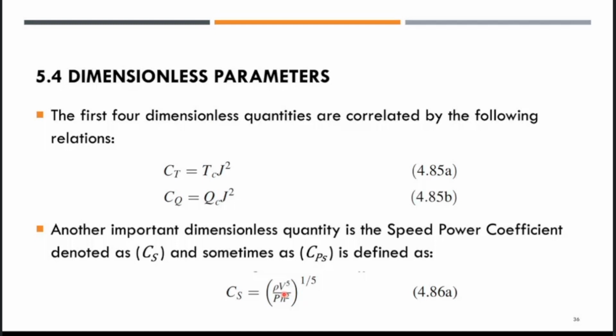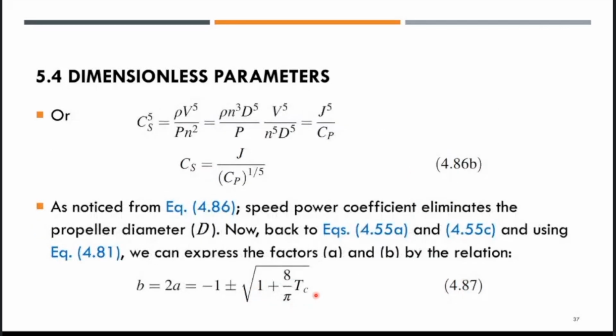So it can also be expressed in terms of the power, the speed, the density, and the n to the power of 2. Or it can also be rearranged in terms of J at the same time. As noticed from equation 4.86, the speed power coefficient eliminates the propeller diameter.